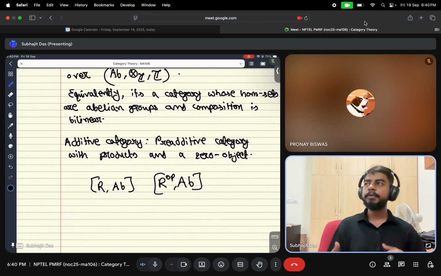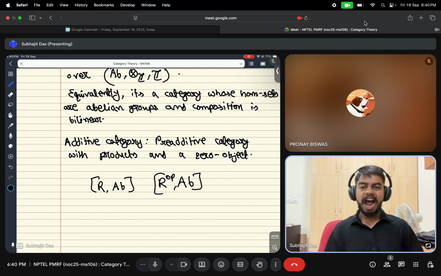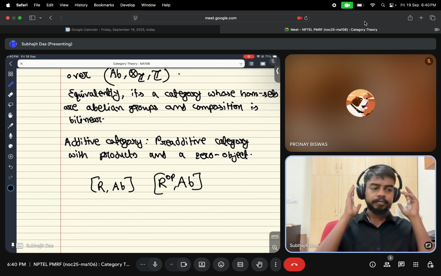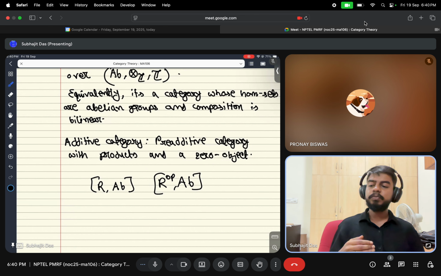Here also one can talk about the tensor product of a left R module, where R is a general preadditive category, and a right R module, and that is again an abelian group itself, an object in Ab, etc., etc. One can do a lot of different things.